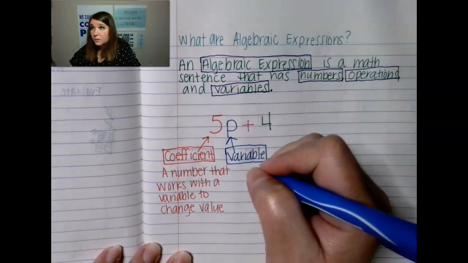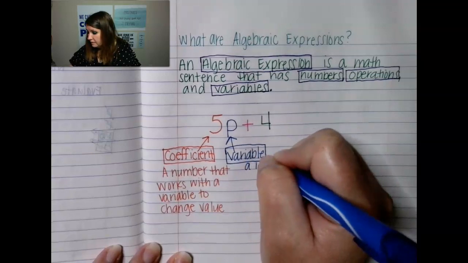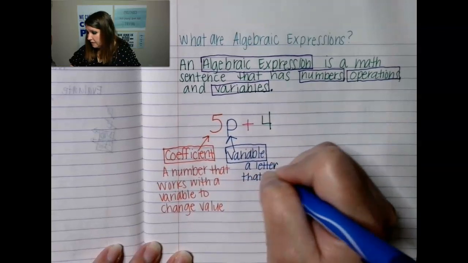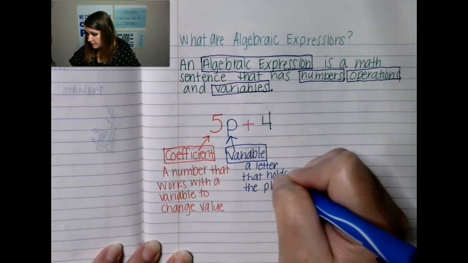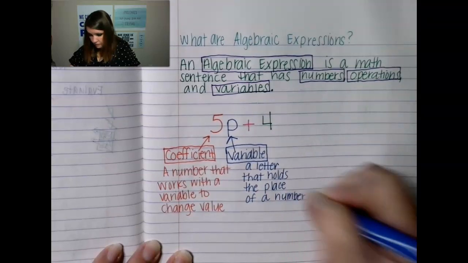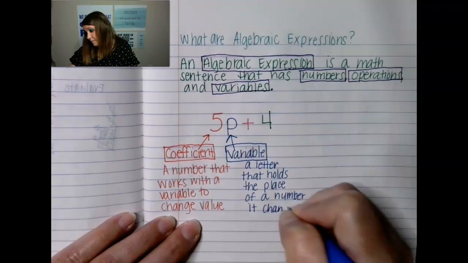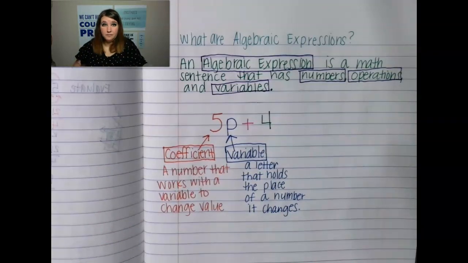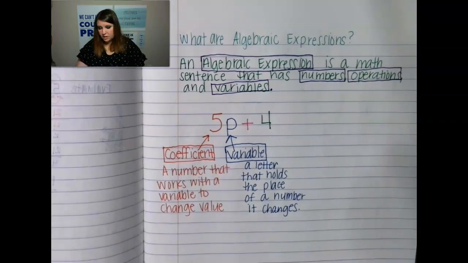A variable is a letter that holds the place of a number. It can change over and over again. It can be any number, it can be any value, and it will change.